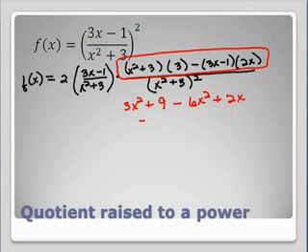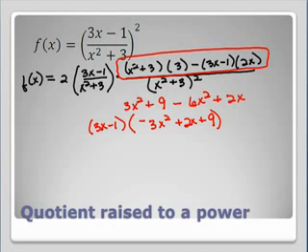So that'll give us negative 3x squared plus 2x plus 9. So that's a factor in the numerator. That needs to be multiplied by this numerator. And then also I have a 2 that'll be in the numerator of my answer.